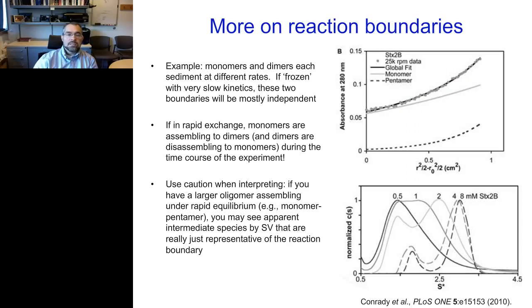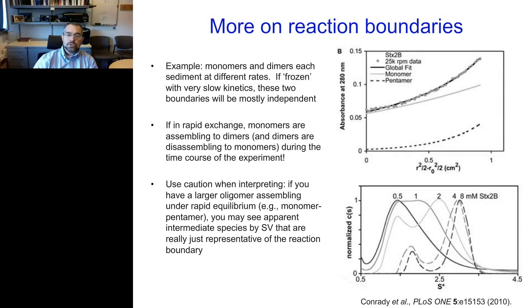If monomers and dimers each sediment at different rates, which we know is true, and they're frozen or have very slow kinetics, then the two boundaries are essentially independent. But if they are in rapid exchange, then as they are sedimenting, monomers are shifting to dimers, dimers are shifting back to monomers, and it all bleeds together, and that's what we call this reaction boundary.